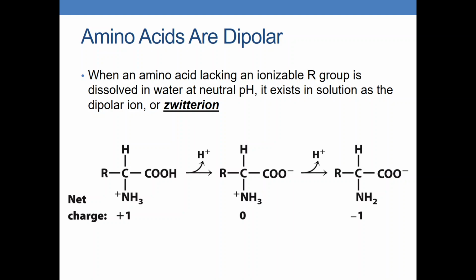When I fully protonate a carboxylic acid, I have a neutral functional group. Only upon dissociation of the proton from the carboxylic acid to give the carboxylate, which is what you see right here.